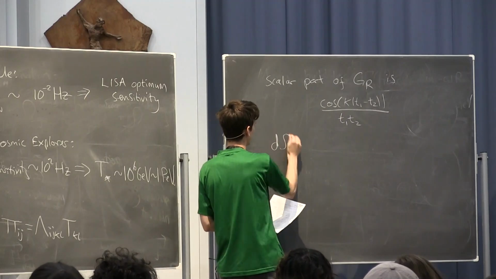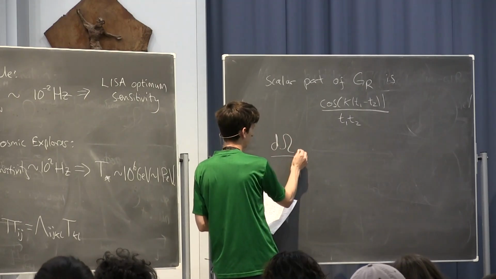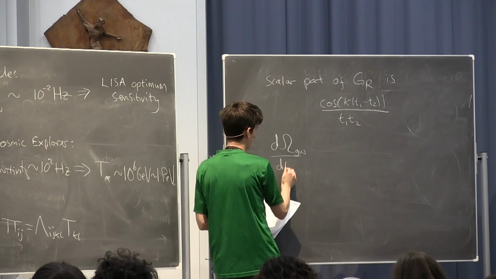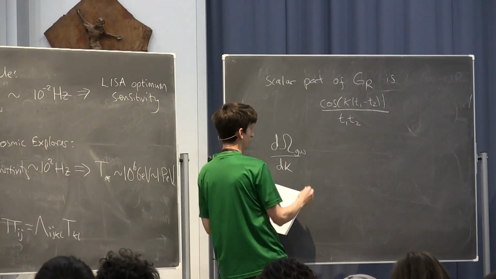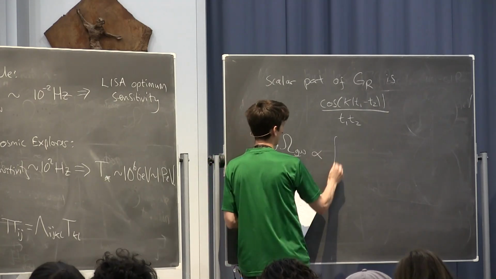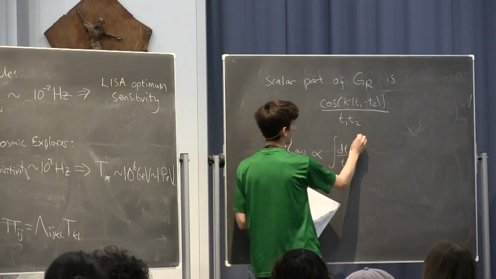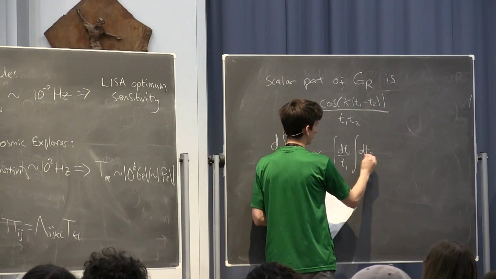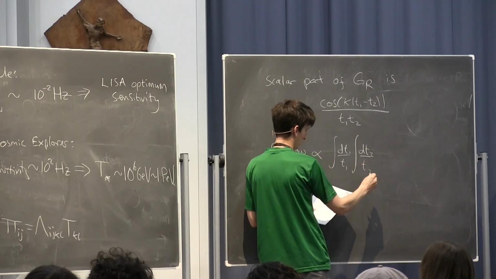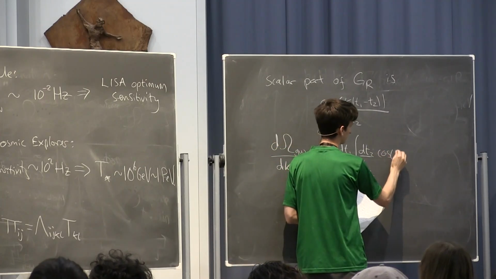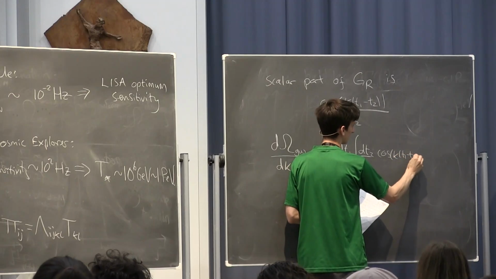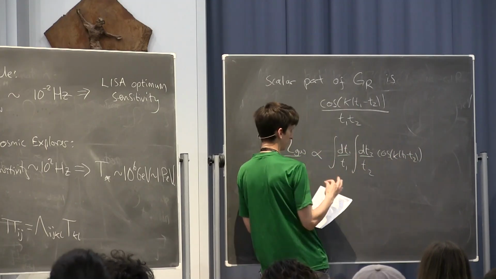So when we put it all together and look at the gravitational waves produced, it looks like an integral over T1, integral over T2 of this cosine, which is our Green's function.